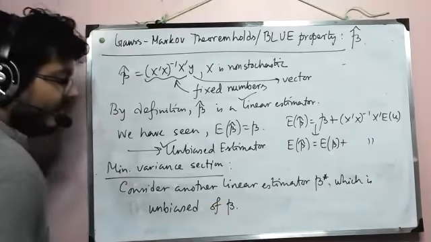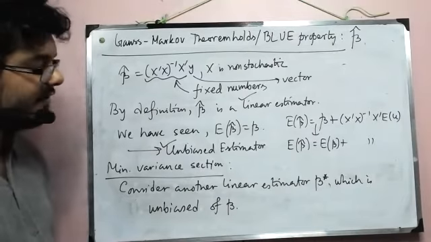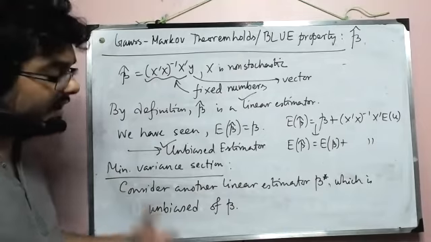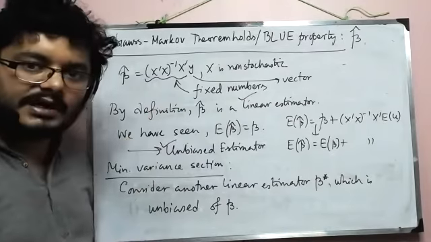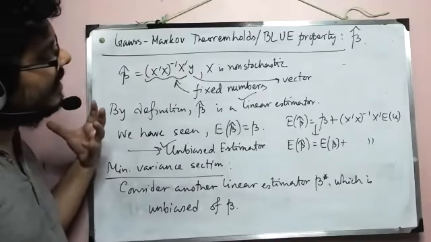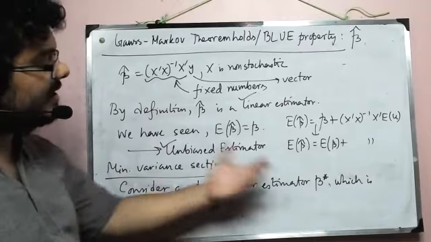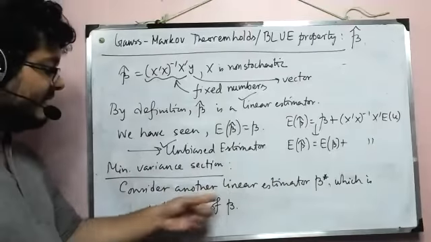of beta. Yes. So what I was saying is that you can always construct an estimator which is probably not linear or probably biased, but which has a much lower variance than beta hat itself. So the theorem holds for those estimators which are a priori linear and unbiased. When I'm considering another estimator beta star, I'm saying at the outset that it is linear and unbiased.